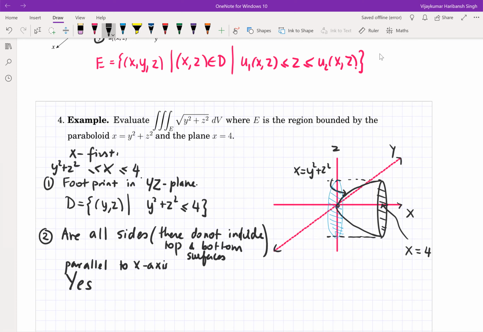And the answer is yes. And why? Because there are no sides. Since there are no sides, this statement is vacuously true.